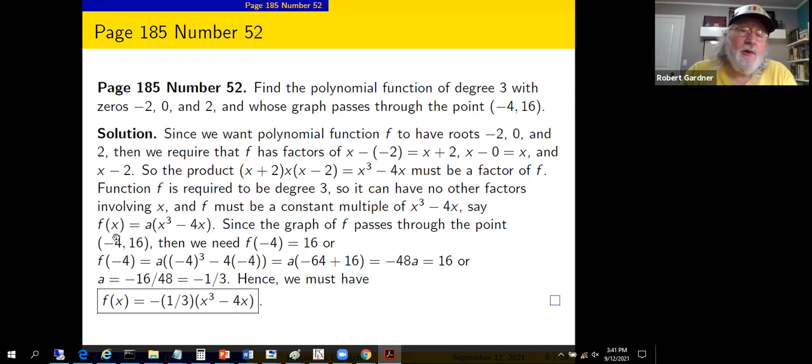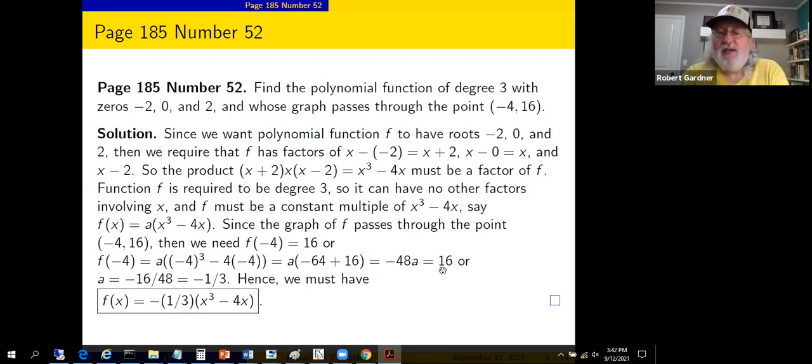Plugging -4 into the function with this unknown coefficient a gives us -4 cubed minus 4 times -4. Trust me on the arithmetic. We'll get -48 times a, and we want that to equal 16. So here's what you get from the function by plugging in -4, and you want that to equal 16.